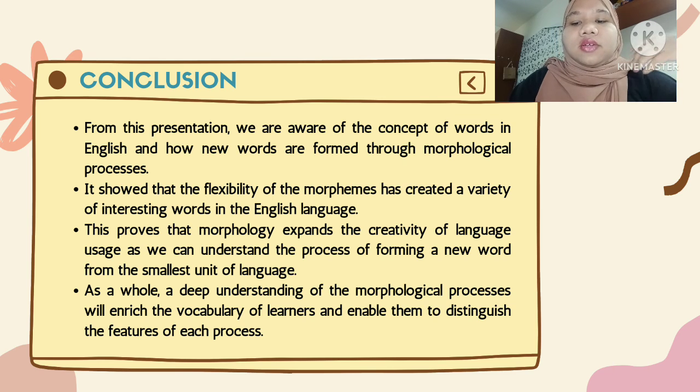It shows that the flexibility of morphemes has created a variety of interesting words in the English language, and it also proves that morphology expands the creativity of language use, as we can understand the process of forming new words from the smallest units of language, known as morphemes. As a whole, a deep understanding of the morphological processes will enrich the vocabulary of learners and enable them to distinguish the features of each process.